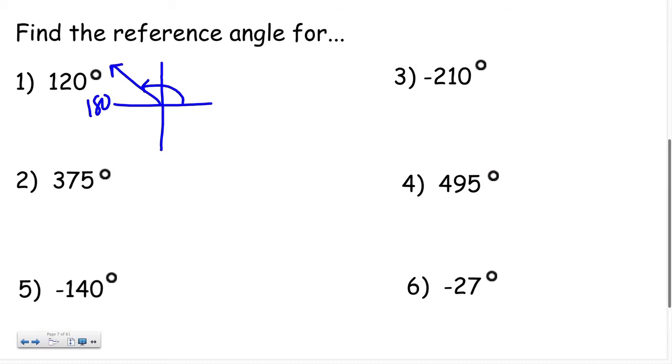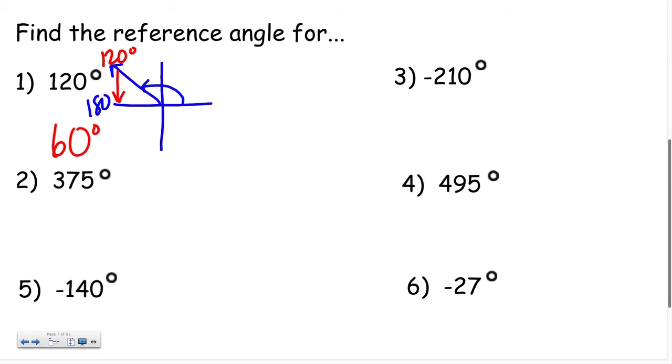Now, if I'm drawing my acute angle, meaning my answer should be less than 90, the shortest path from the x-axis is here, to that 180 degree mark. So its reference angle is going to be 60 degrees, because of 180 minus 120, 60 degrees. So it's 60 degrees away from the nearest x-axis.